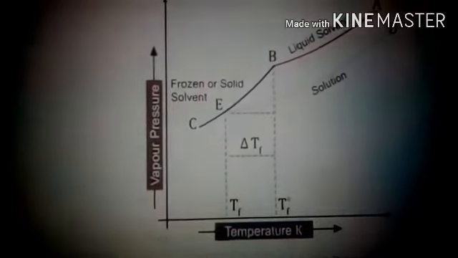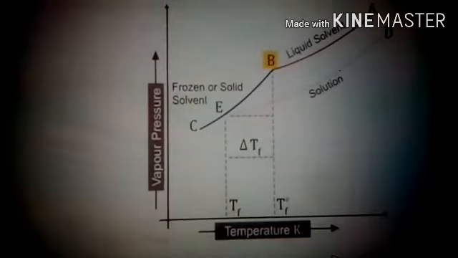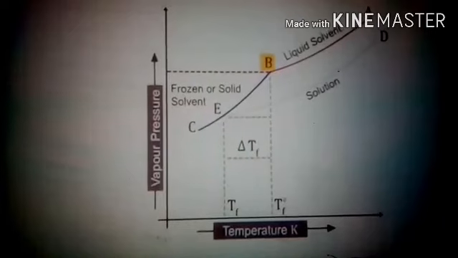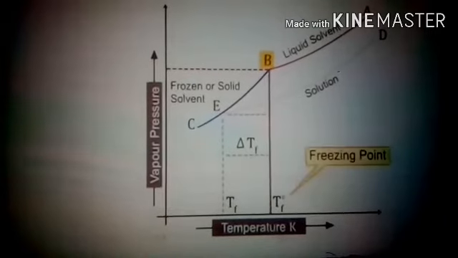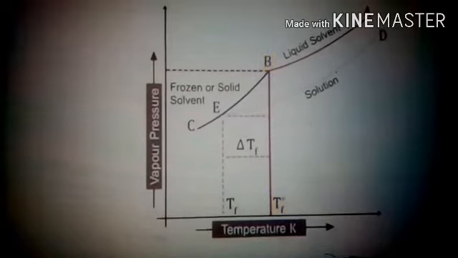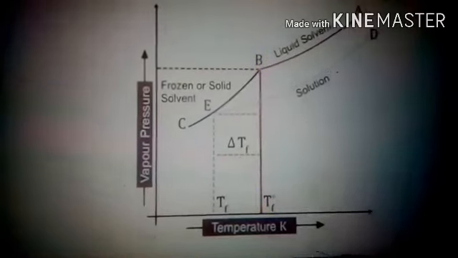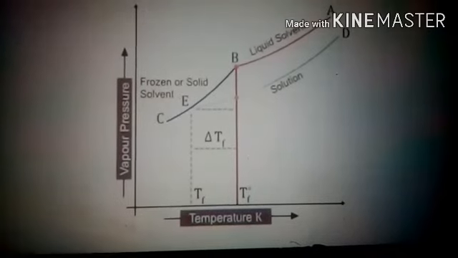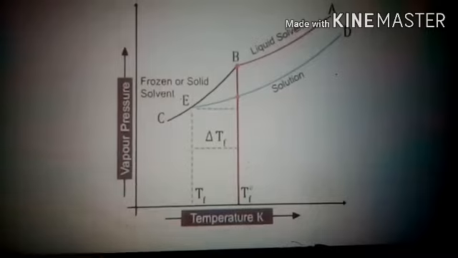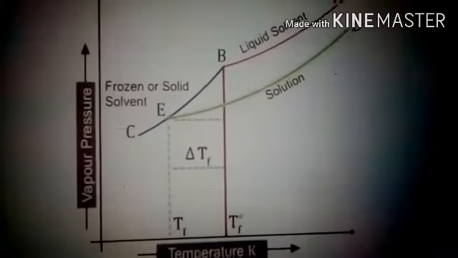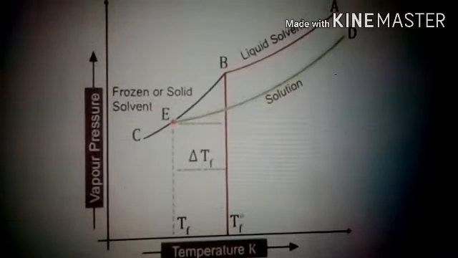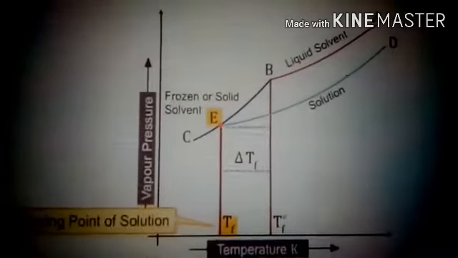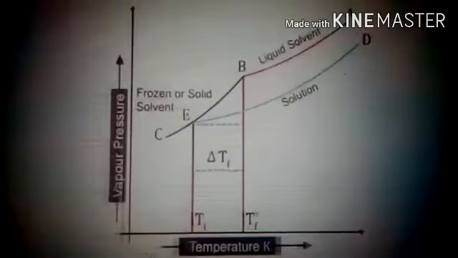B is the point where the vapor pressure of the pure solvent is equal for its liquid and solid phase. Therefore, it is the point Tf naught, the freezing point for the pure solvent. Whereas E is the point where the vapor pressure of the solution is equal for its liquid as well as solid phase, that is the freezing point for the solution, Tf.